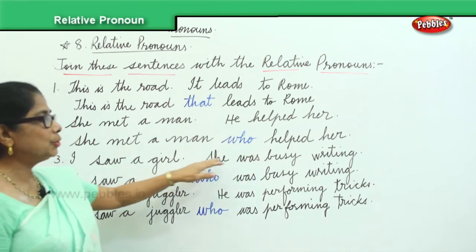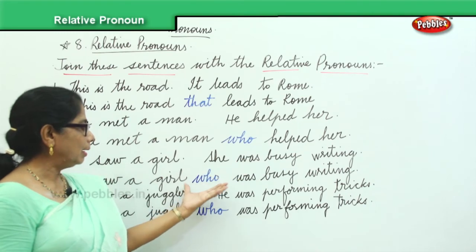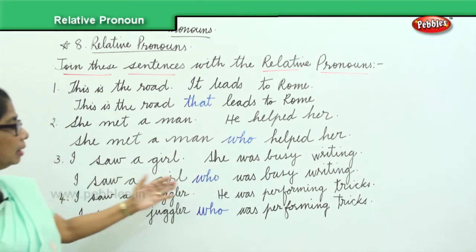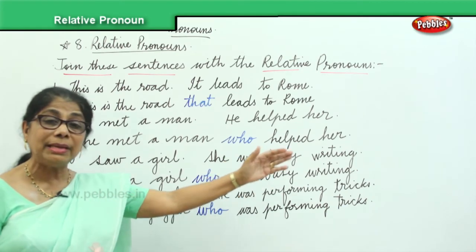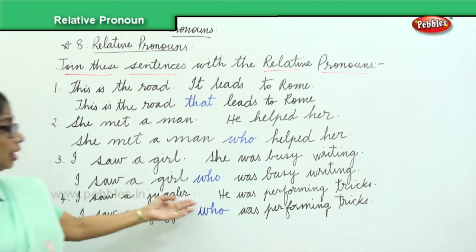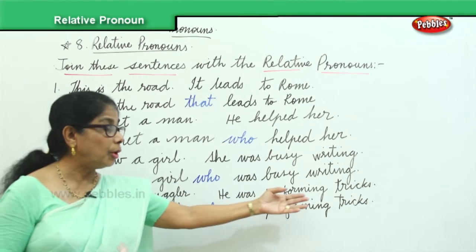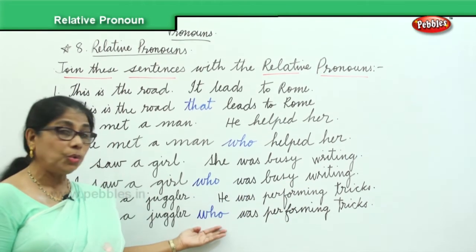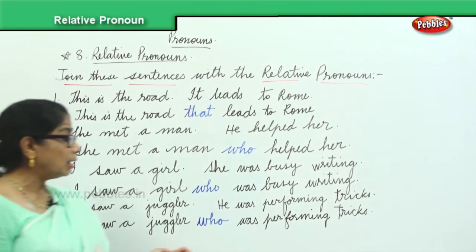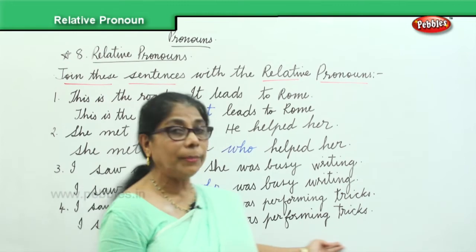She was busy writing. We provided who, relative pronoun. I saw a girl who was busy writing. Next. I saw a juggler. He was performing tricks. We provided who, the relative pronoun. I saw a juggler who was performing tricks.